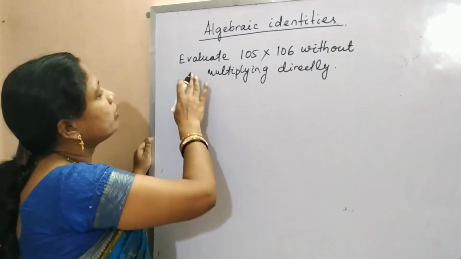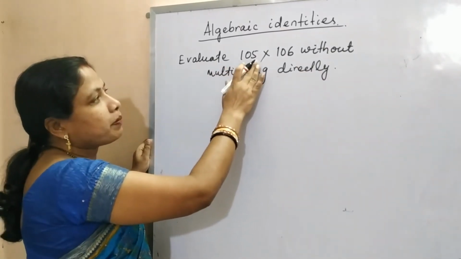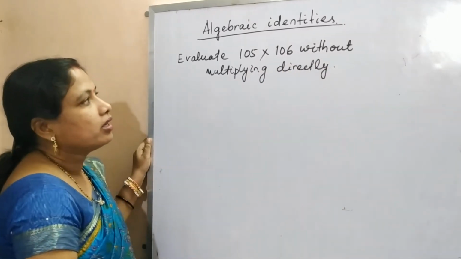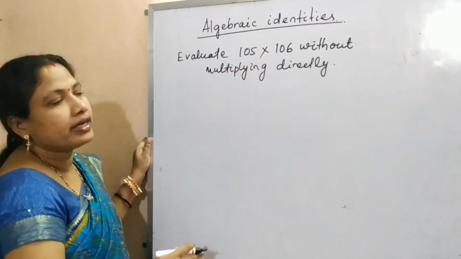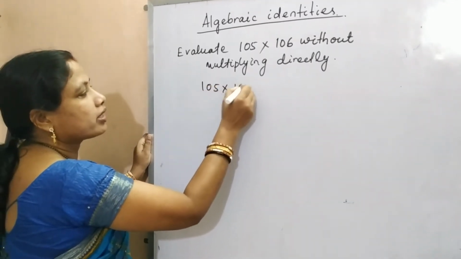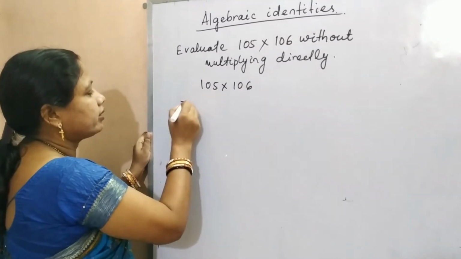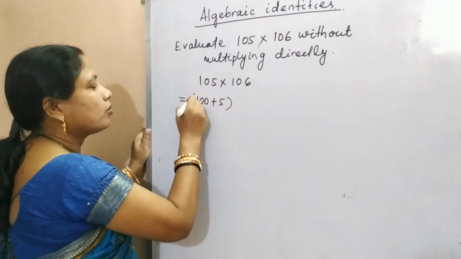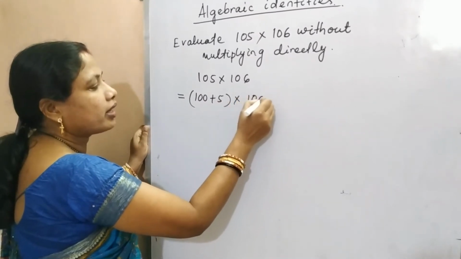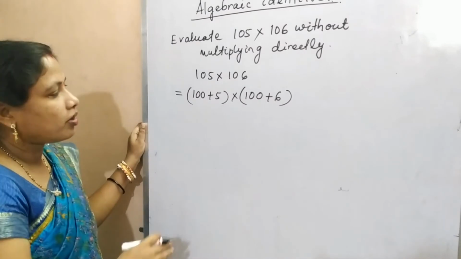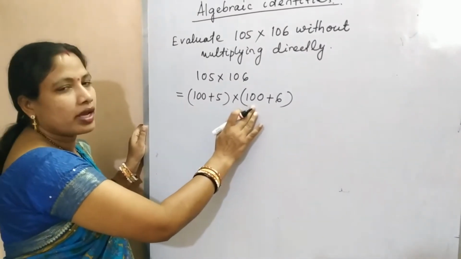Next example, evaluate 105 × 106 without multiplying it directly. So we will use identity here. 105 multiplied with 106 we can write as (100 + 5)(100 + 6). So this is in the form of (x + a)(x + b).